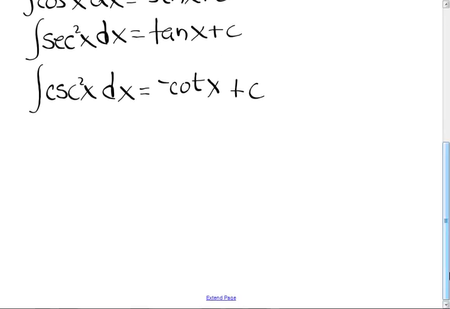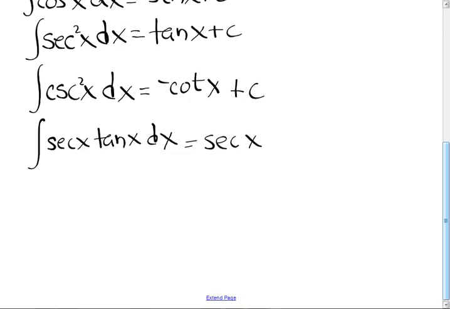What about this one? Oh, what about this one? Let's get them all. What's that one, Ori? Derivative of what gives you secant tangent? Not cosecant. You're close. Secant.